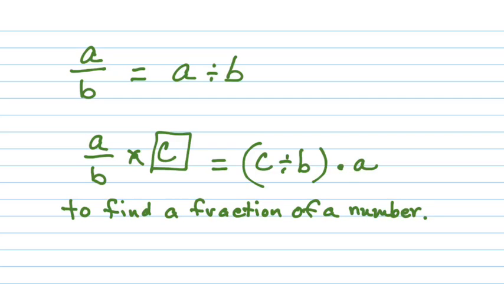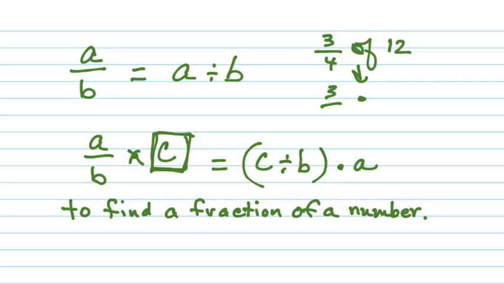So, if c is our number, and we want to find a fraction of it, remember we did several of these. Say we have 3/4 of 12. Remember that? And remember that word "of": if you're talking about a fraction of a number, that means you're multiplying, right?